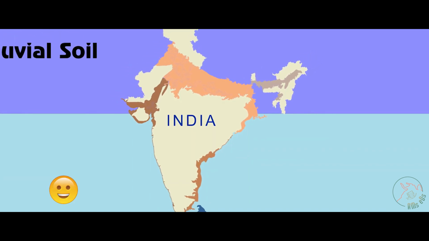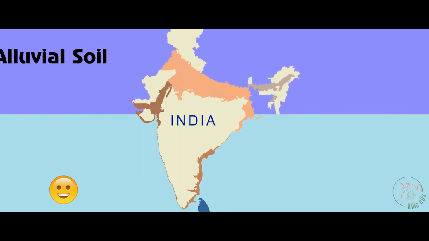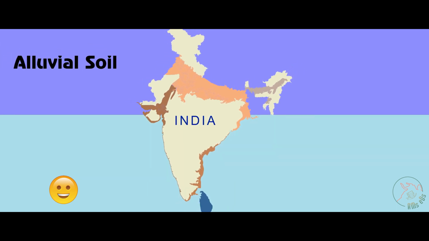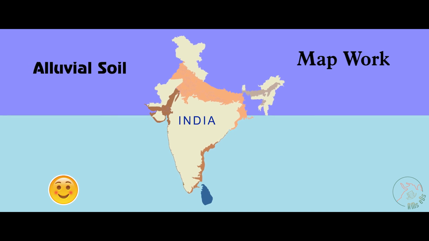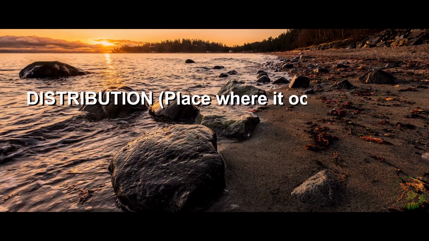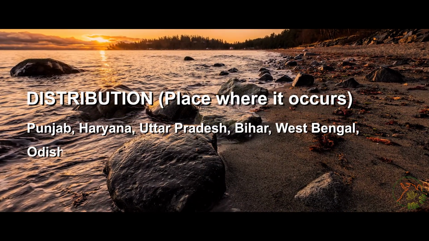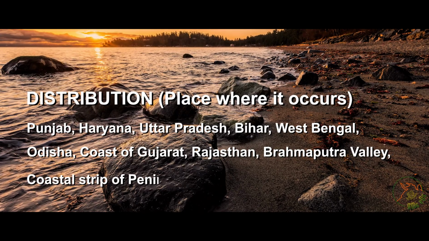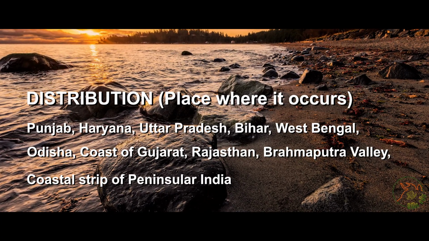So, map marking is quite simple. Let's focus on our map work too. You can find alluvial soil in the northern regions mostly, that is, the river plains and delta regions, and a second portion on the coastal strip of peninsular India. Here, I shall give you an idea of the distribution of the different types of alluvial soils in India.